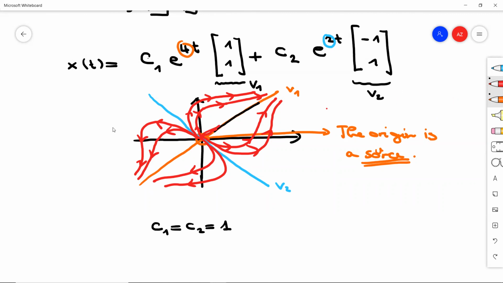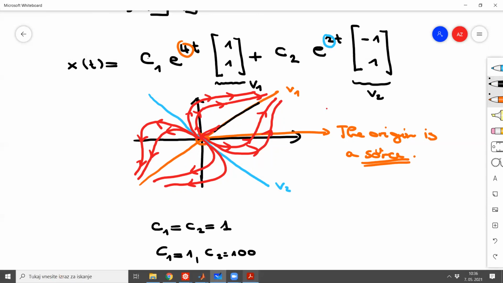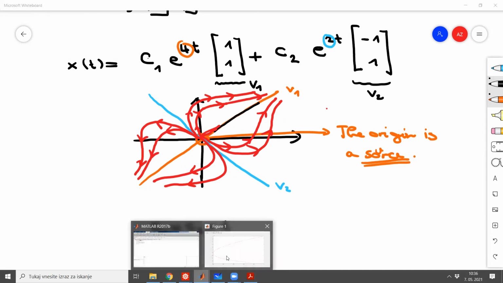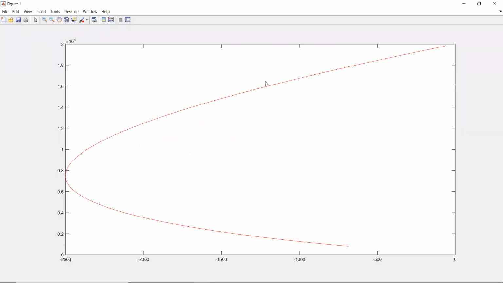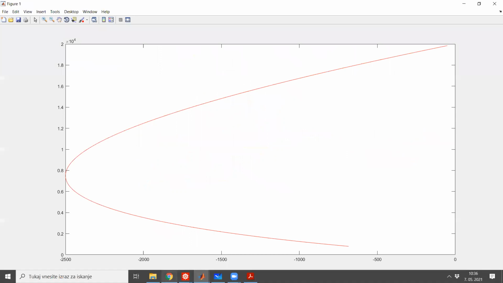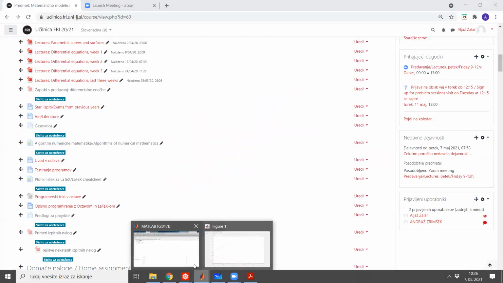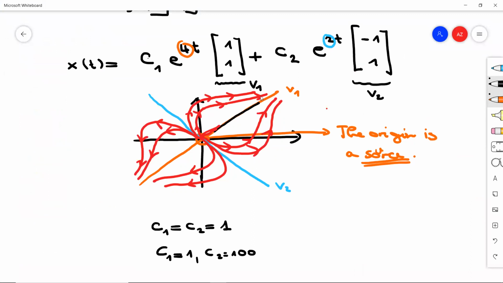That's why this solution was not visible. But when I took C1 equal to 1 and C2 equal to 100, then we in fact got one of those solutions which are far enough from V1 so that the asymptotic behavior becomes more visible, more clear. So this was this picture. In fact, this curve is one of the curves in this quadrant.